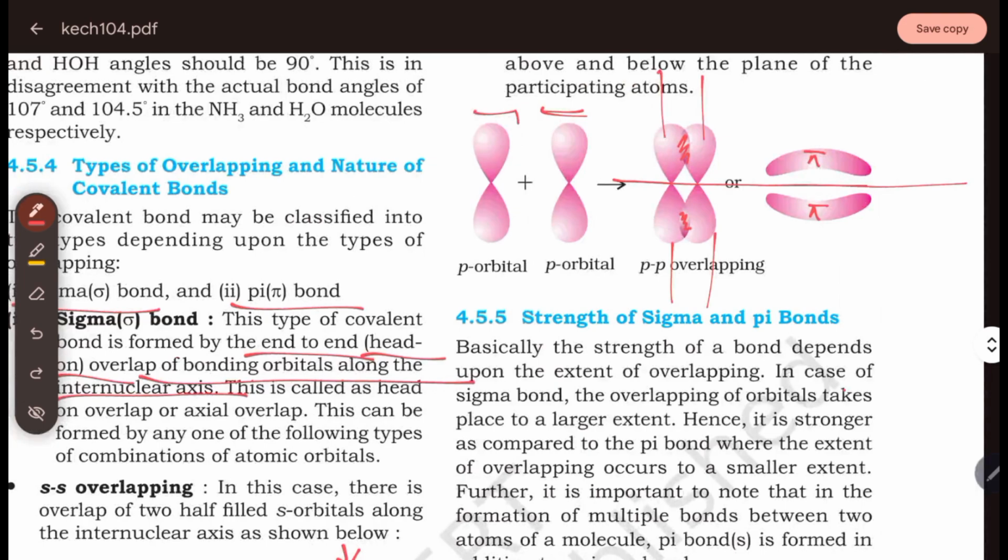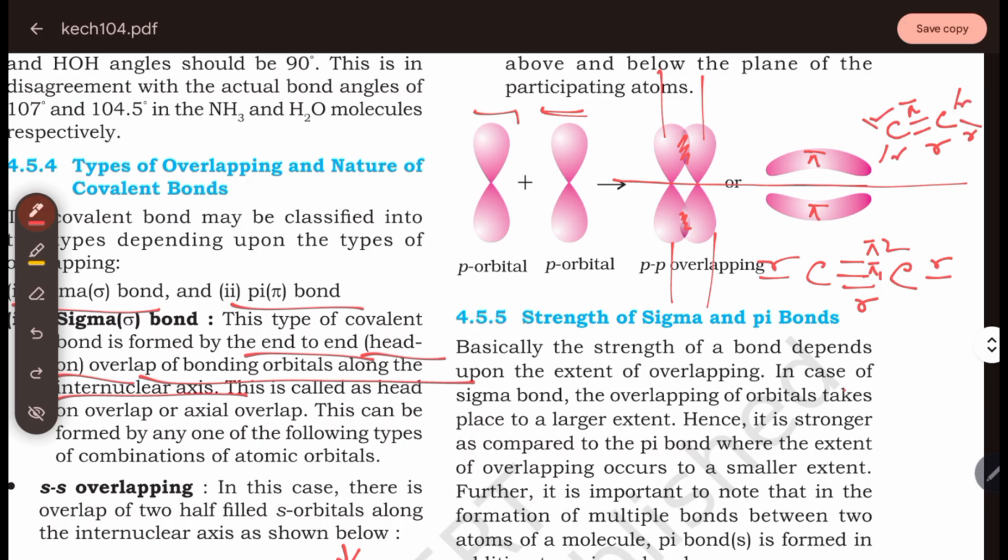And whenever there is a multiple bond, suppose a carbon-carbon multiple bond, one will be sigma and the rest will be pi, say pi 1 and pi 2. This is a triple bond. If I say carbon-carbon double bond, then also in that case, one will be sigma and the other will be pi. And wherever there is a single bond, it is of course a sigma overlap. This is a sigma overlap.